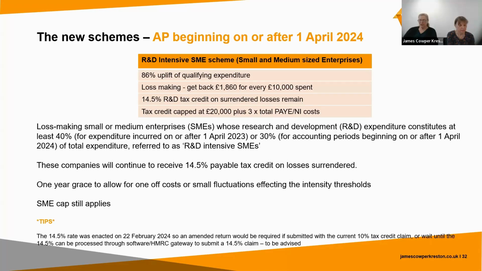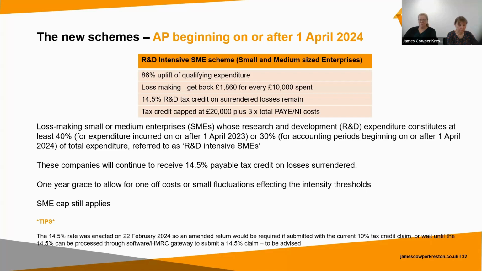So now we're going to have a look at the schemes in place for accounting periods beginning on or after the 1st of April 2024. So we've got the loss-making R&D intensive SME scheme. This is very familiar. We've got the 86% uplift, the ability to surrender losses, because obviously this relates to loss-making SMEs, at 14.5% as we do currently.